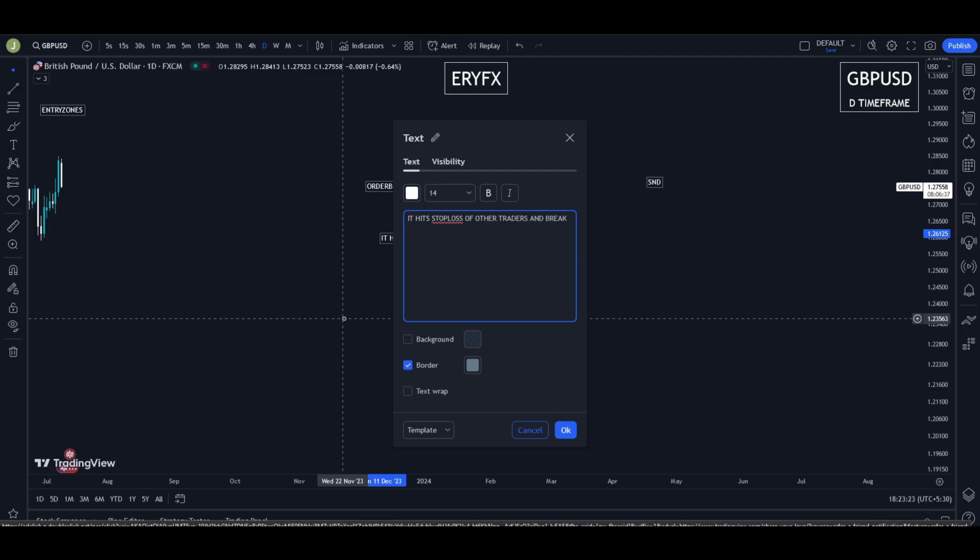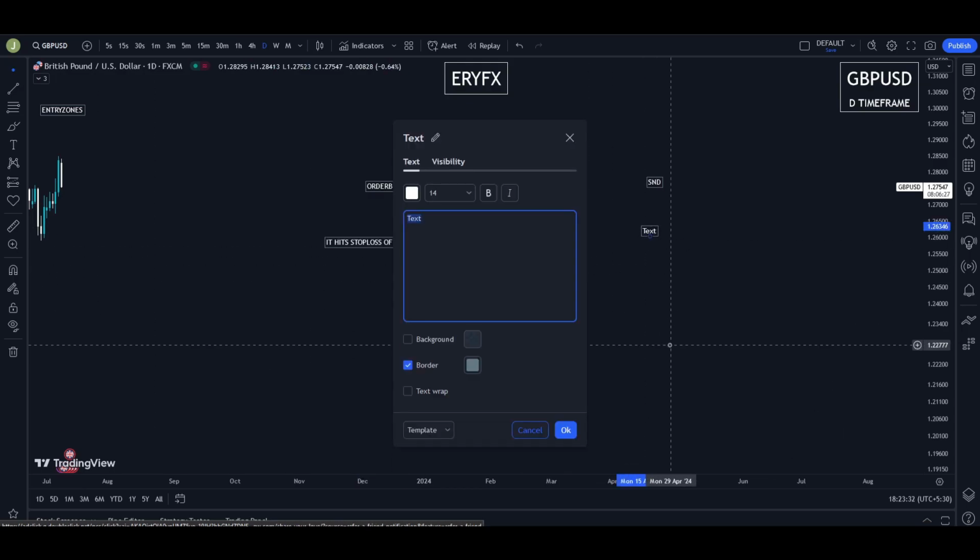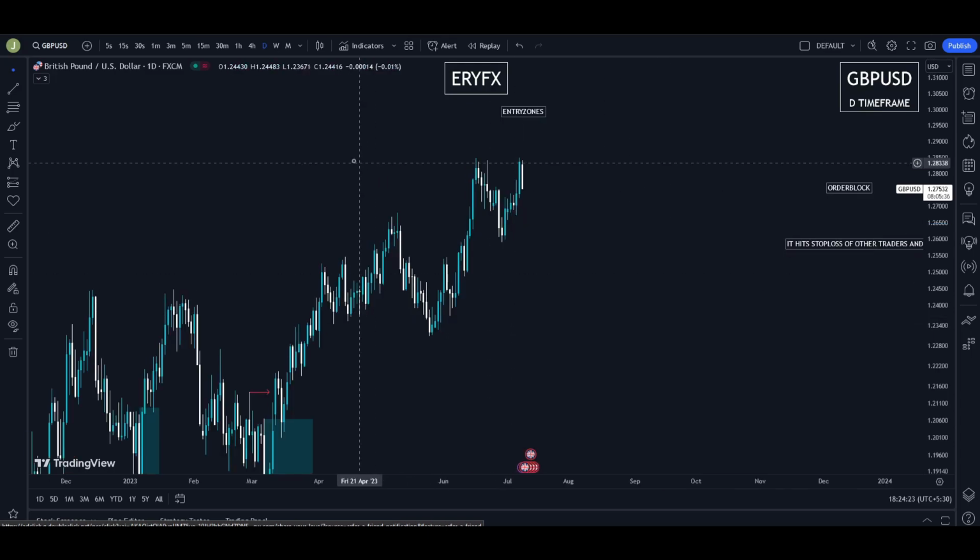and breaks. And the SND is just the last sell or the last buy candle with an imbalance, then a break.